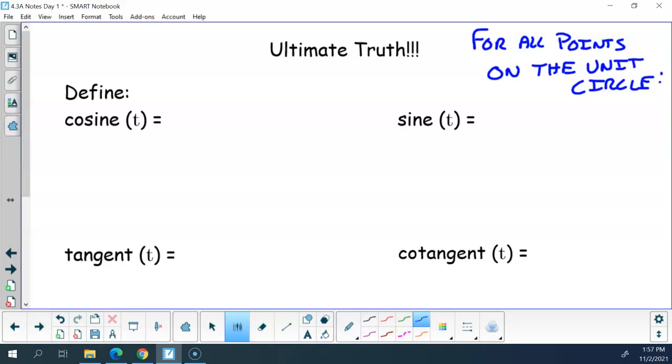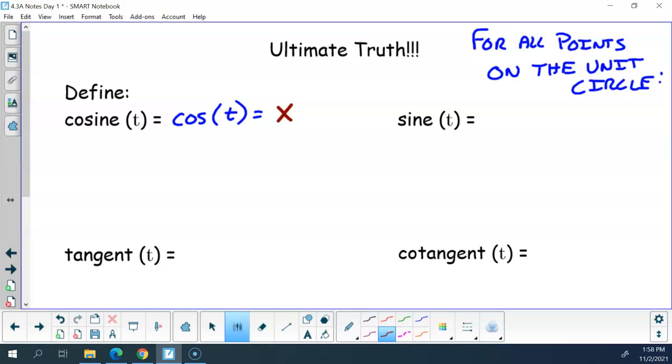The cosine of any angle, and the abbreviation that we use is COS, is equal to the x value of that point. Again, provided we're on the unit circle. If we're off the unit circle, then these relationships do not work. This only works if we are on the unit circle.